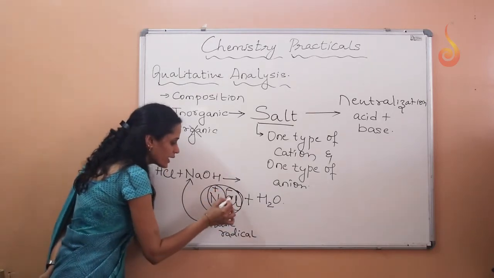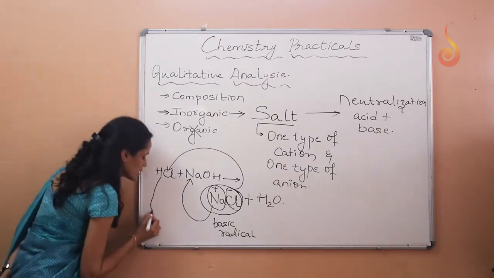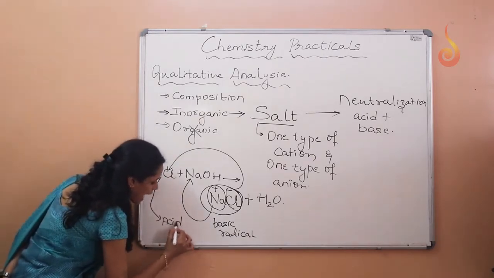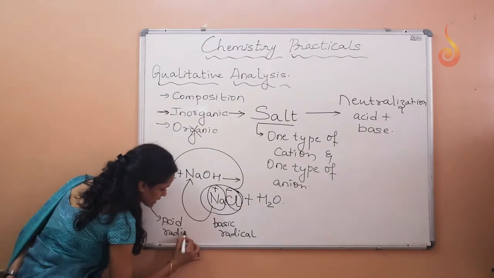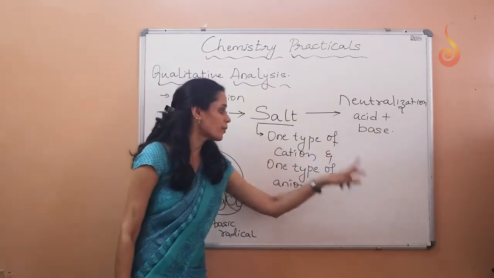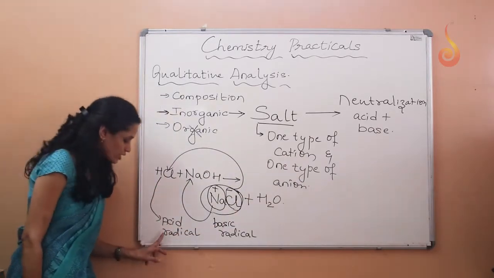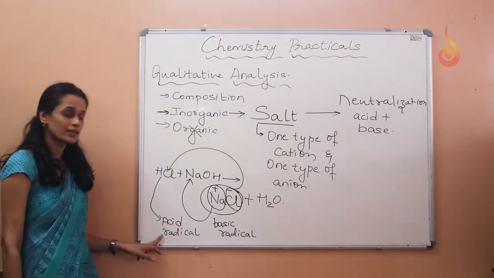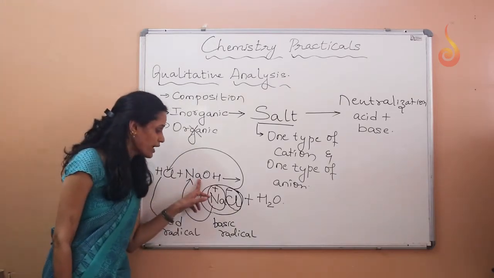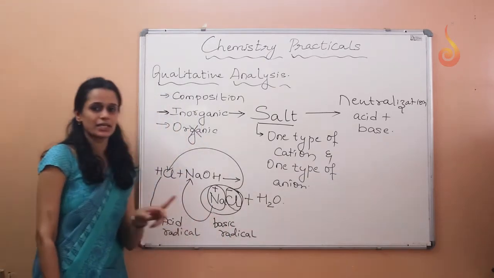Similarly, Cl minus ion is obtained from an acid, so it is called the acid radical. So in a salt, if the ion is obtained from an acid, it is called an acid radical, and if the ion is obtained from a base, it is called a basic radical.